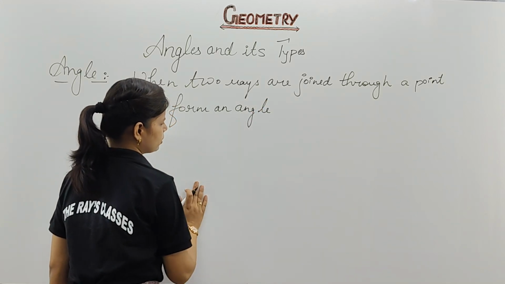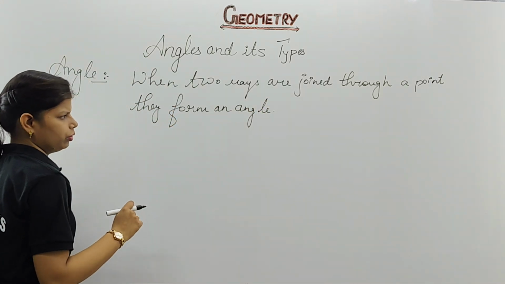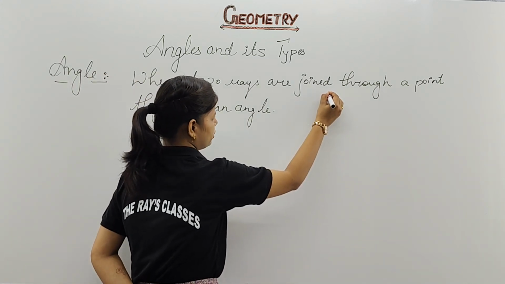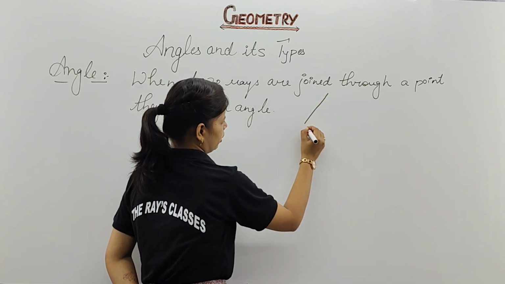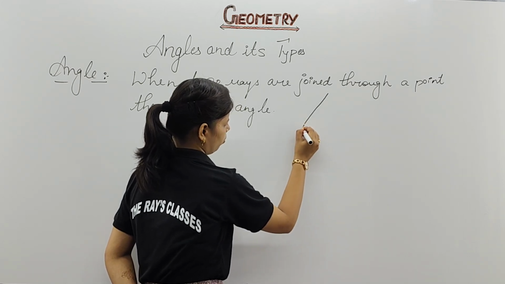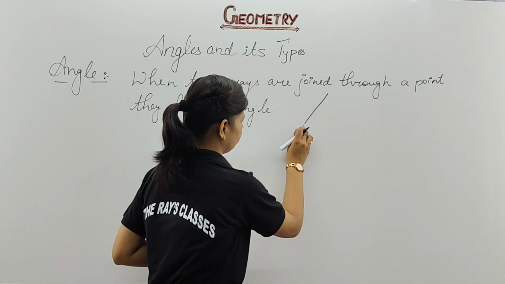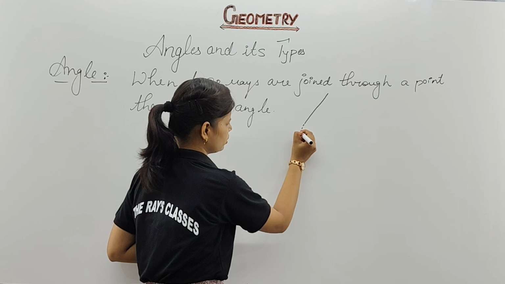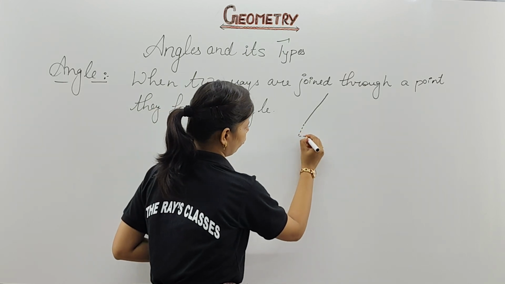With general instructions, this is your definition. If you talk about the figure for this one, what is your figure? If this is your first ray, this will be your second ray. So I am extending this a little more. You can see, at a certain point I am extending this. What will it form?